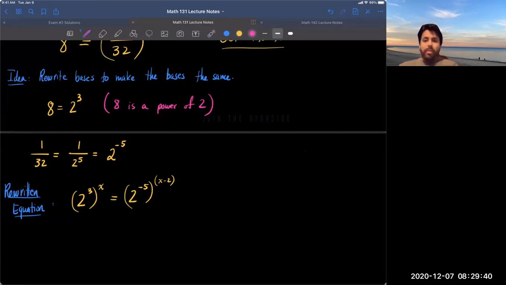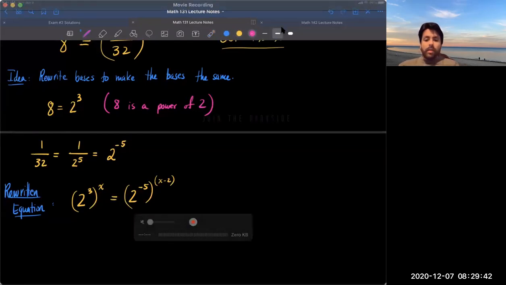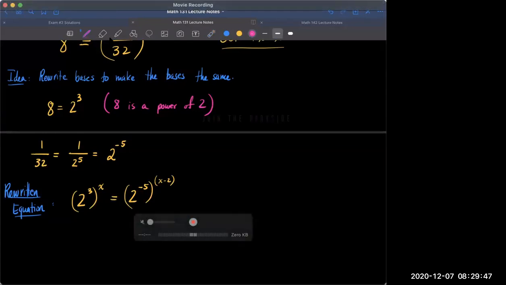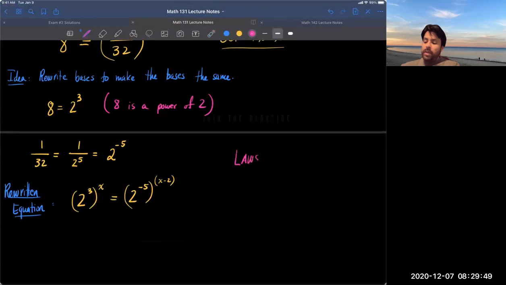So how do I take care of these exponents? Remember the laws of exponents. Can you multiply them? Of course. This is extremely important. Laws of exponents. This is something that you've seen in Math 115.